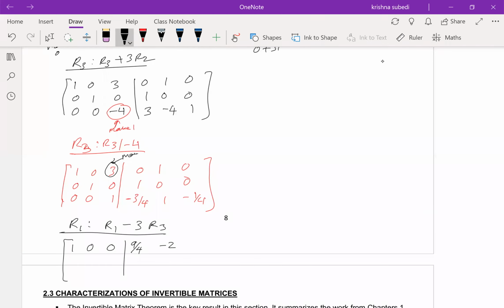Yeah. This minus negative, positive 3 over 4. And we did nothing here. So 1, 0, 0, 0, 1, 0, 0, 0, 1, negative 3 over 4, 1, and negative 1 over 4. Okay, that's what we got.